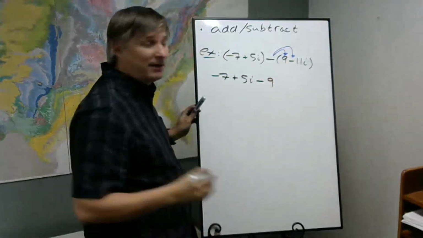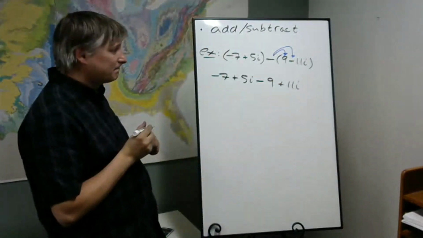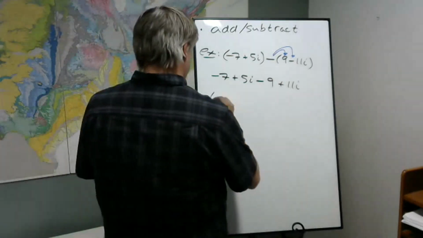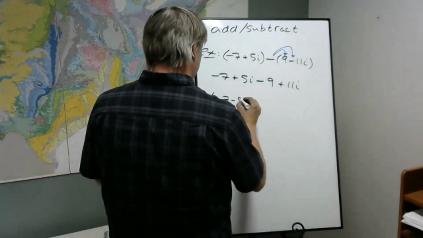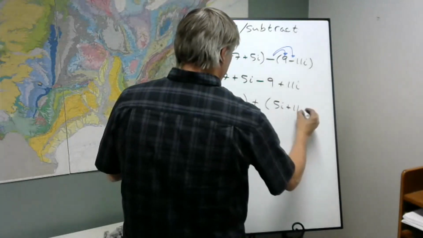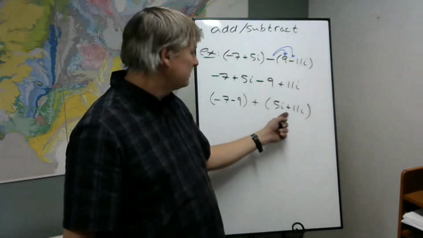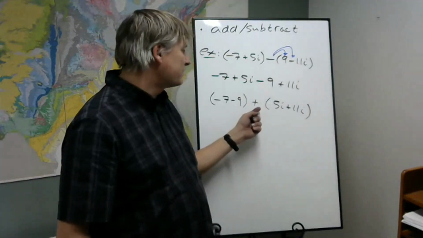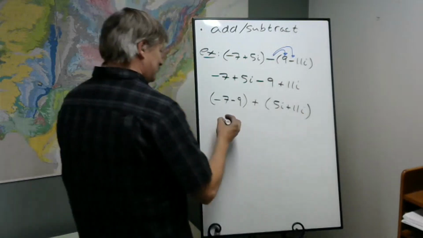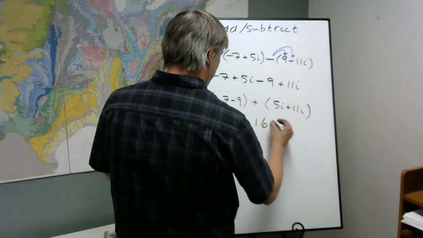Minus and minus becomes a plus. So plus 11i. Now I combine real parts and combine imaginary parts. Then negative 7 minus 9 plus 5i plus 11i. And if you want, if these were both negative, still put a plus here, and then remember that if we do plus a negative, it'll become a subtraction. So we'll get negative 16 plus 16i.